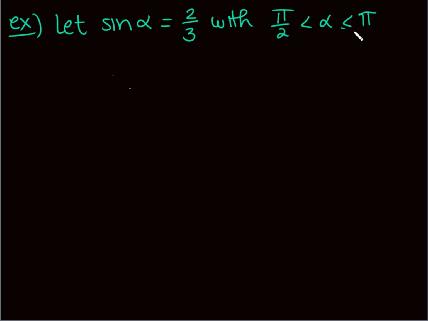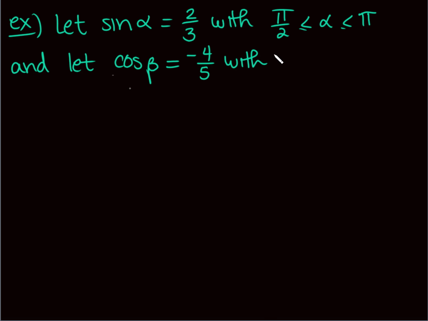Okay, so it's in the second quadrant. And let the cosine of beta equal, let's say, -4/5, with beta in the third quadrant.